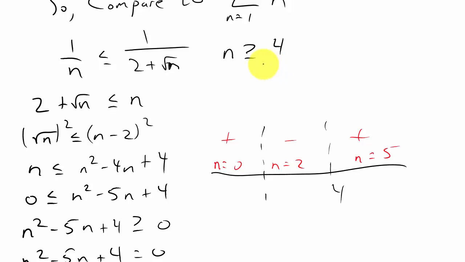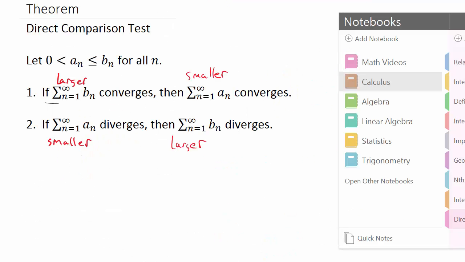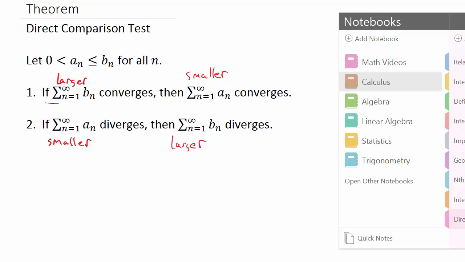Okay, so what we've shown here is that the smaller series diverges. We've shown the smaller series diverges. And what does the theorem say? If the smaller series diverges, then the larger series diverges.